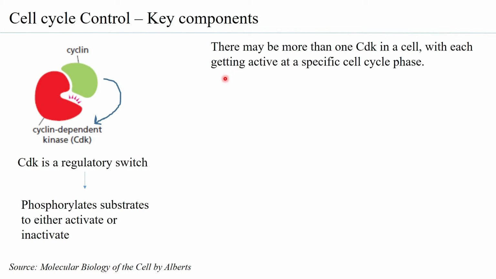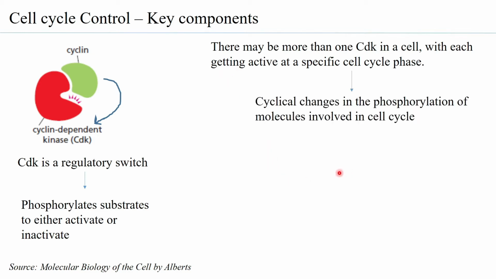So what is important to notice is that these CDKs enable cyclical changes in the phosphorylation of molecules involved in the cell cycle. So depending on the CDK that gets active, you will have certain molecules getting active in the S phase, or you will have certain molecules getting activated in the G1 phase, or you will have certain molecules getting activated only and only in the G2 phase.